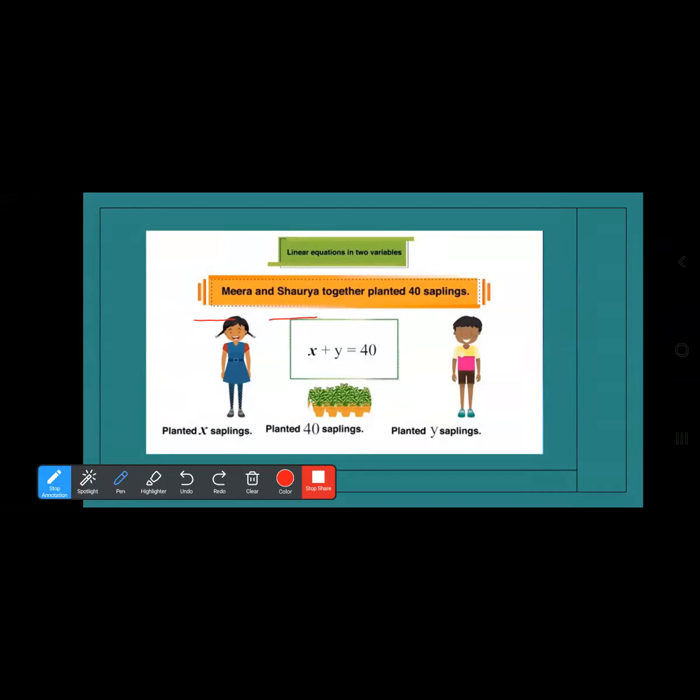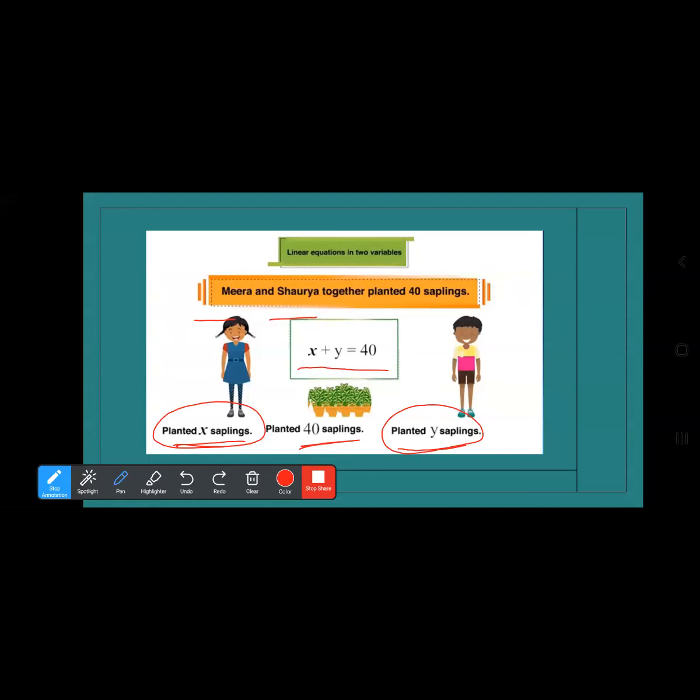So suppose Meera planted x saplings, we don't know how much she planted, and Shaurya planted y saplings. Together they planted 40. Together obviously means plus. So it will be x plus y equals 40. Okay, x plus y equals 40.